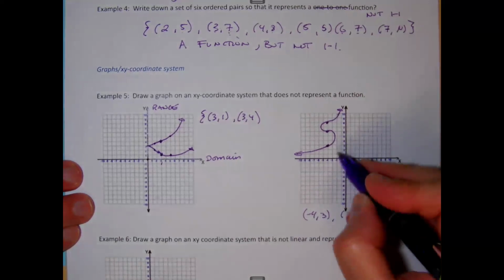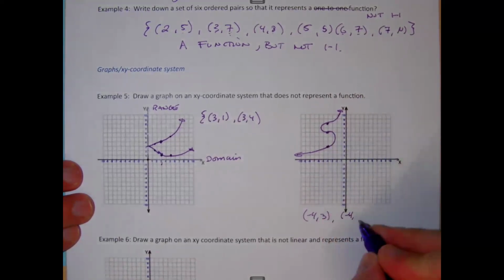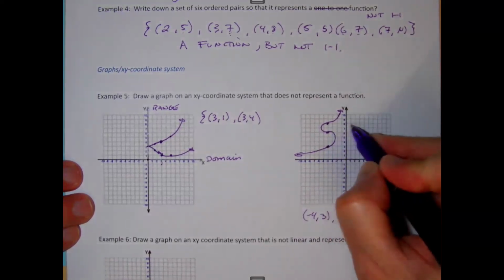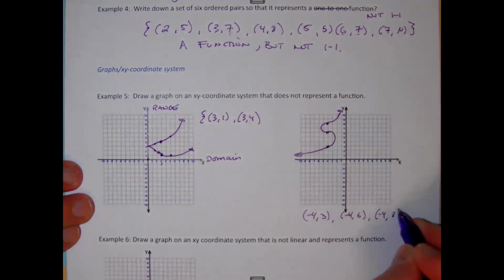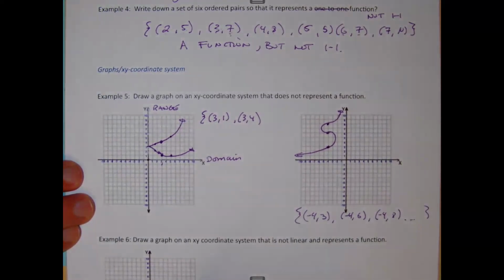And -4 also goes to, looks like 6. And -4 also goes to, looks like 8. So I don't have to look at the rest of the graph. I can see again that this is not a function.